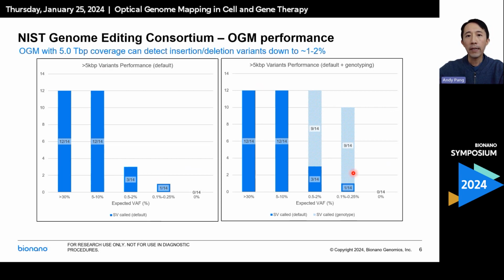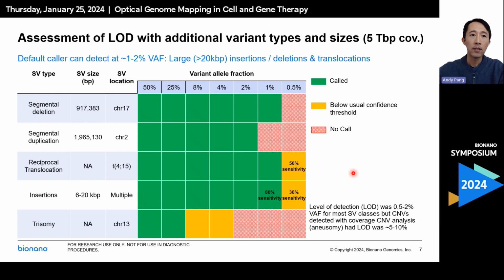So what we are looking at here is the sensitivity of detecting polymorphic structural variants. We did additional analysis on larger variants, such as large deletions, duplications, translocations, or large insertion events. We also simulated trisomy events. And the results are shown here with VAF from 50% to 0.5% and our performance.